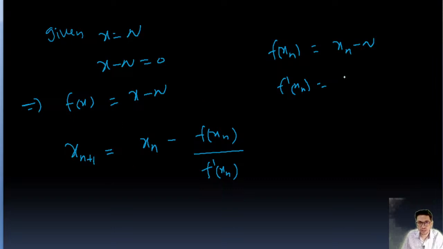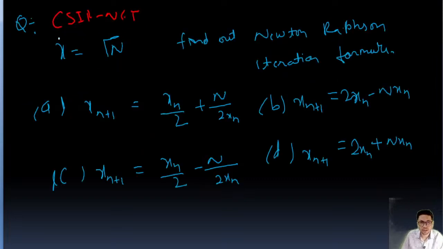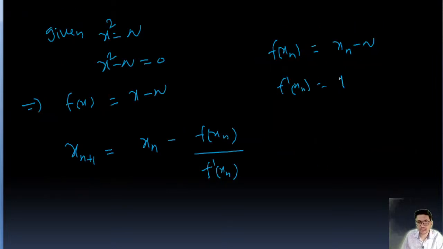This is x squared, guys, so f dash x is 2x, because this is x squared, 2x, right?